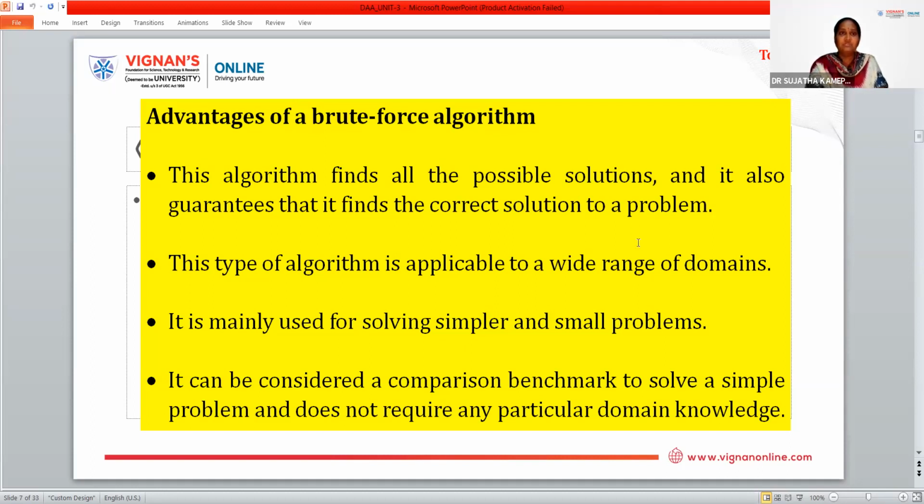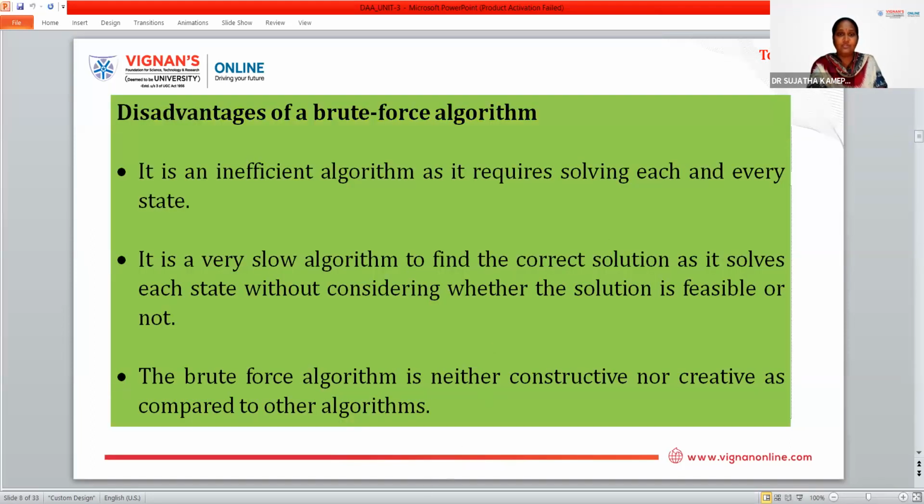And coming to the disadvantages of brute force algorithm, it is an inefficient algorithm as it requires solving each and every state. So we need to solve each and every state. We need to check all possibilities. That's why we can say that this algorithm is an inefficient algorithm.